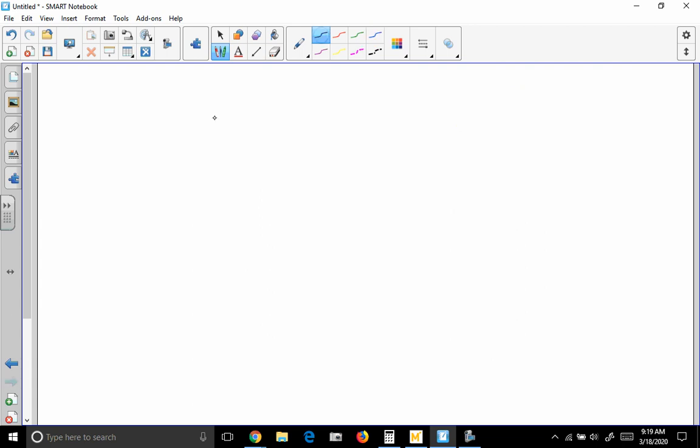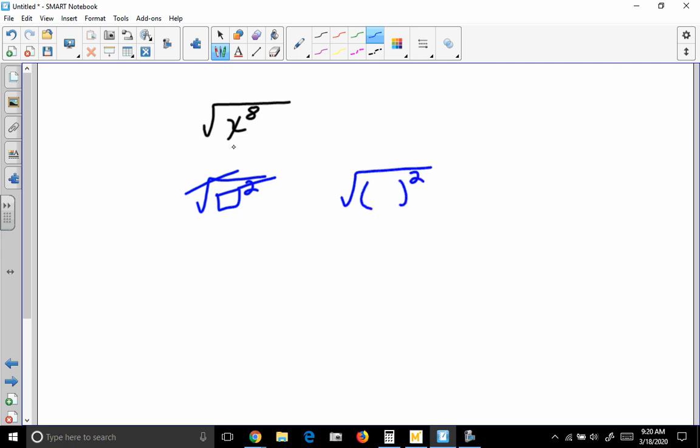So let's do another square root. Let's just do a single variable factor. So remember, if we have something squared under the square root, those undo each other. So we want to write this as something squared that makes x to the 8th.